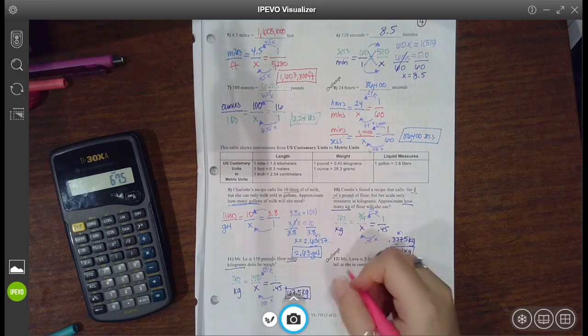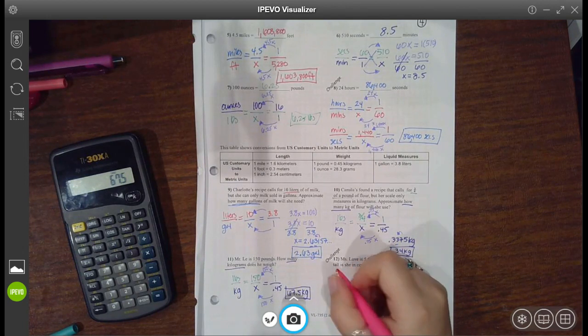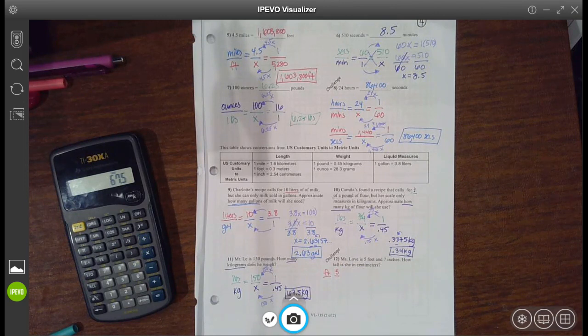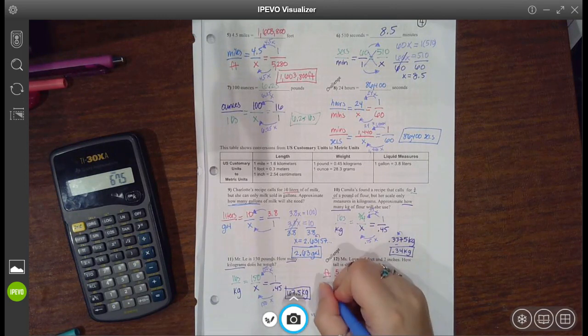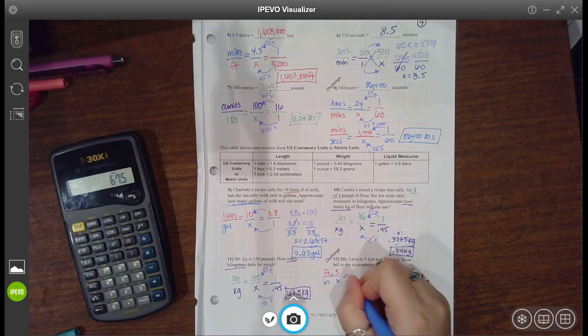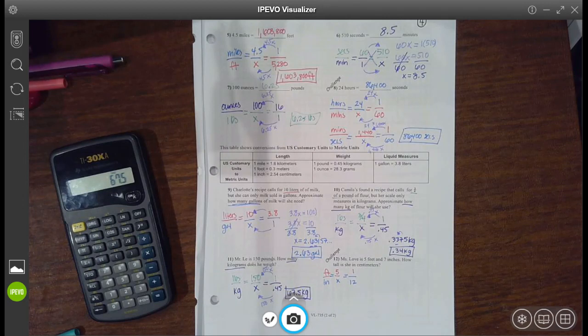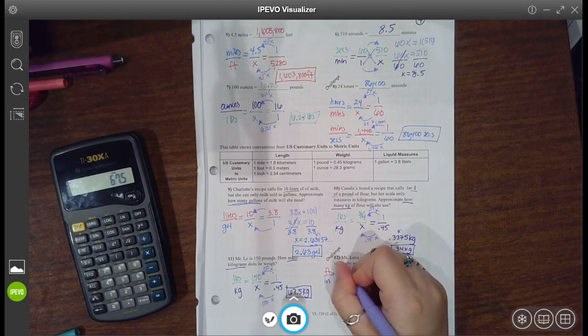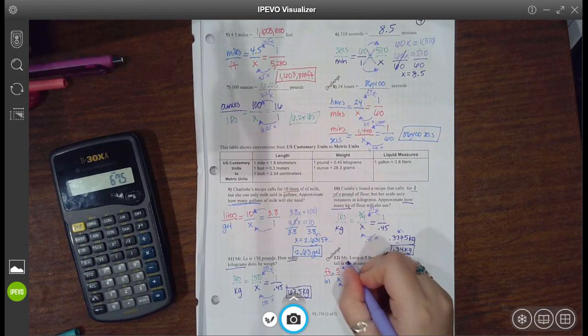So you have 5 feet, and I want to know how many inches that is. Well, we know that 12 inches are in 1 foot. So if you go towards the unknown, 1 times 5 is 5.